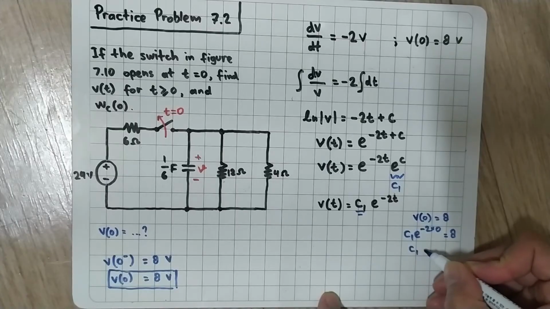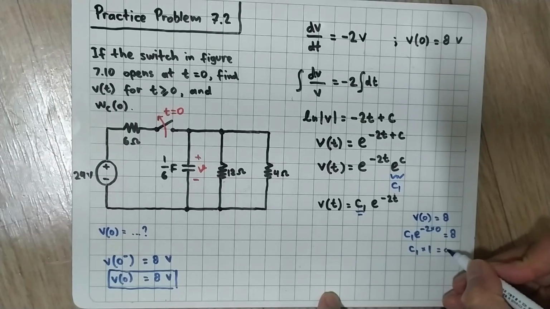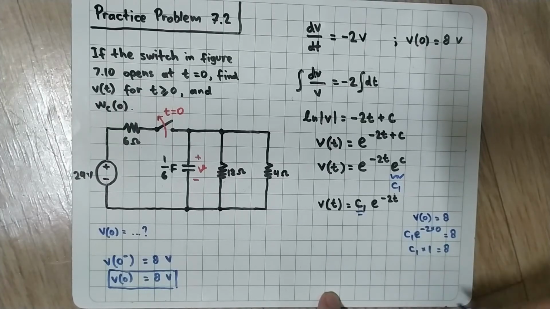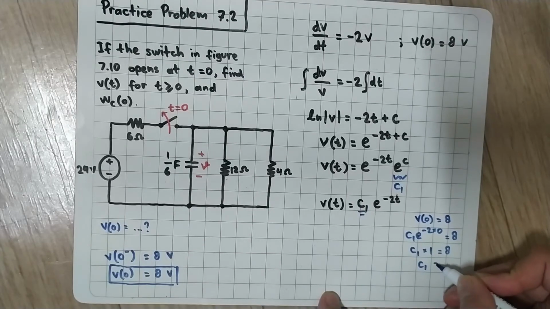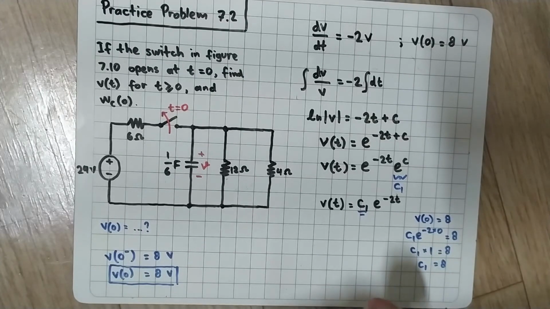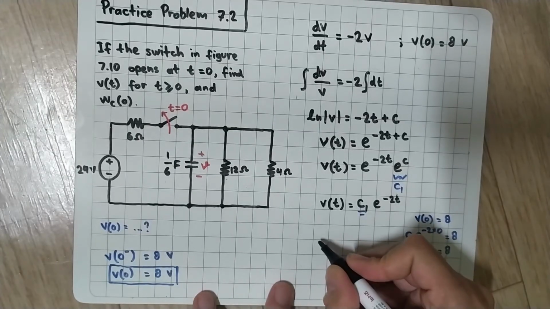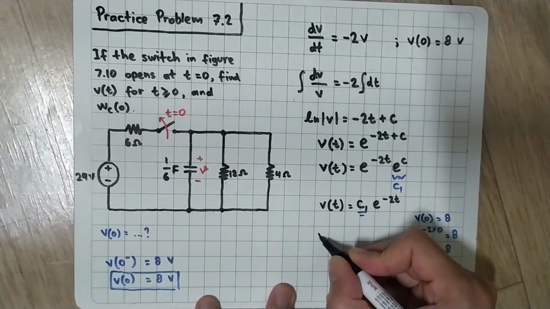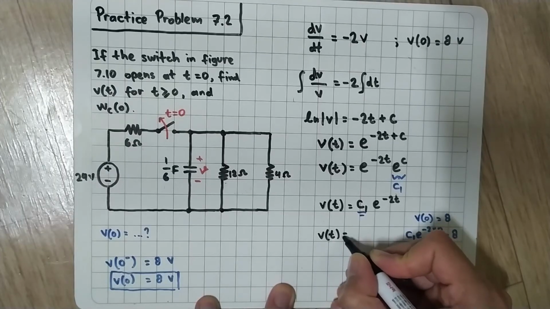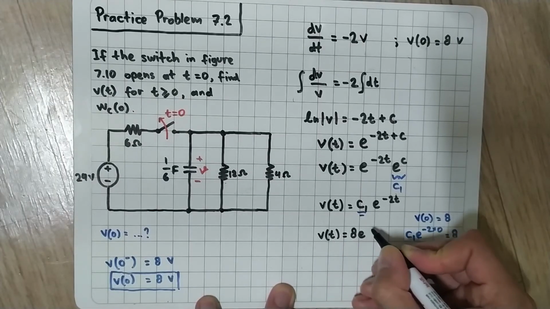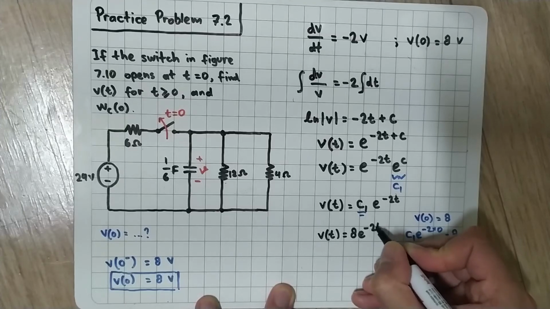So I will have c1 multiplied by 1 is equal to 8. And so c1 is 8. So our v of t now becomes 8 e to the minus 2t.